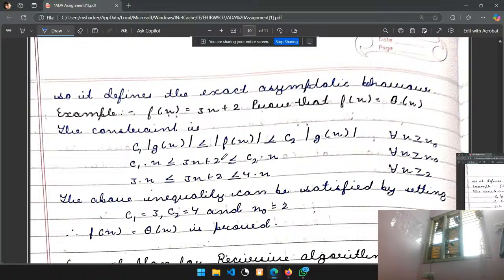And if x is odd, then simply return peasant x by 2 comma 2y, just to make it as a call. Okay.